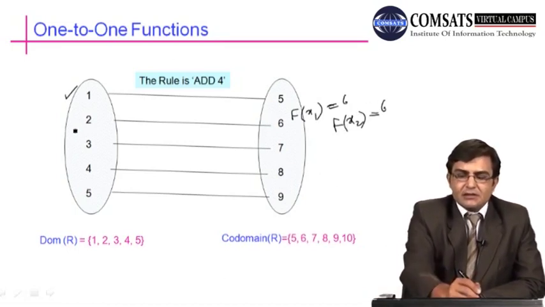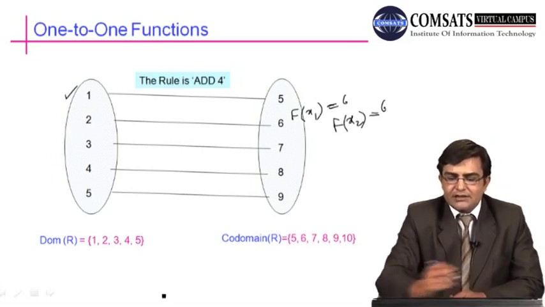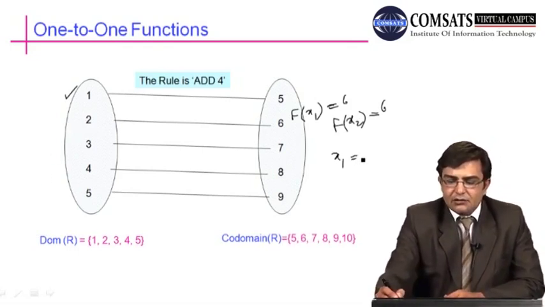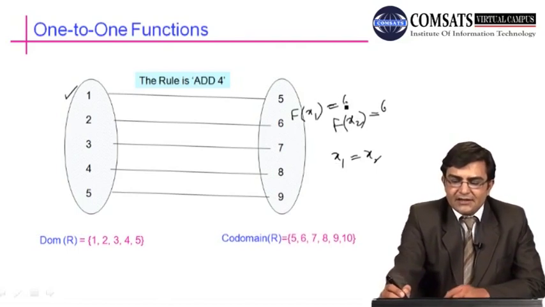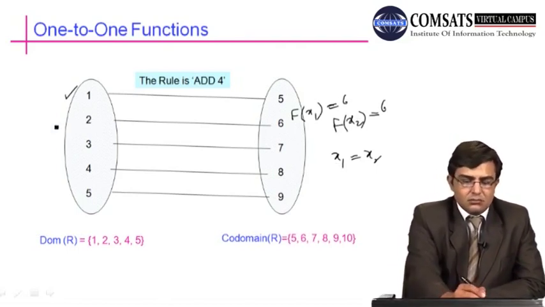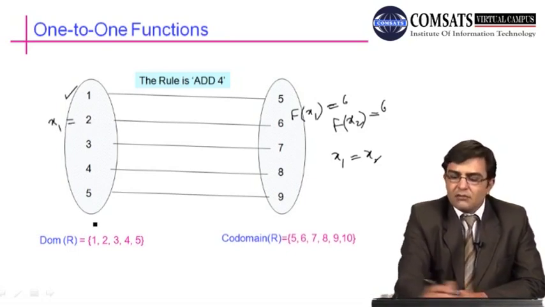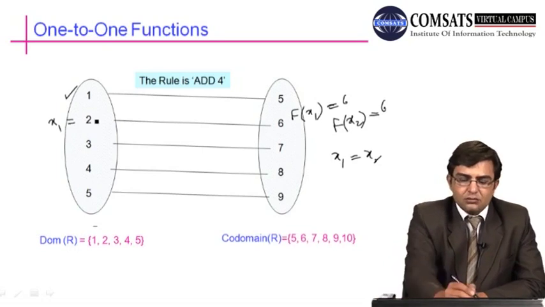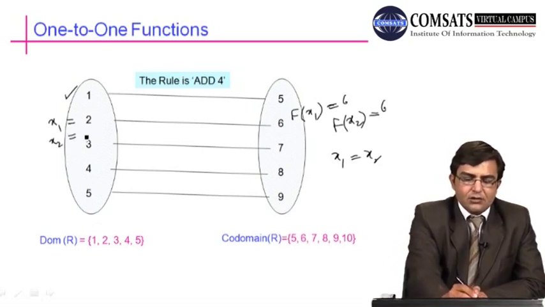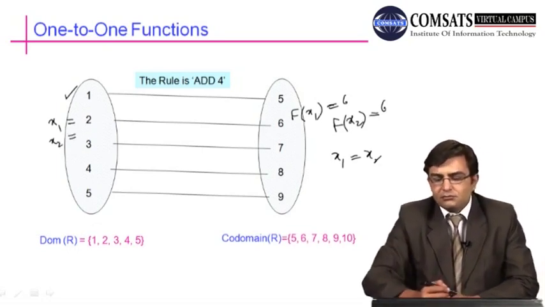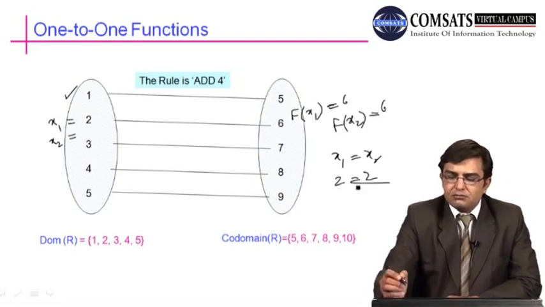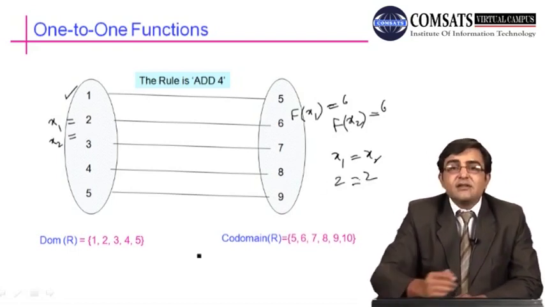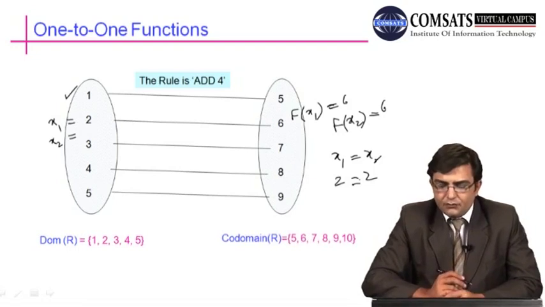Then the pre-images are also equal, meaning x1 is equal to x2, because 6 is the image of what? 2. This is x1, and here 6 is the image of 2 as well. Here we have x2 also equal to 2, so 2 is equal to 2.